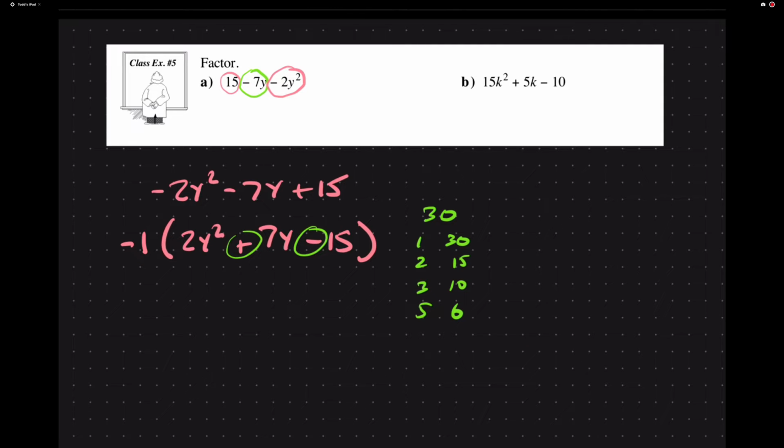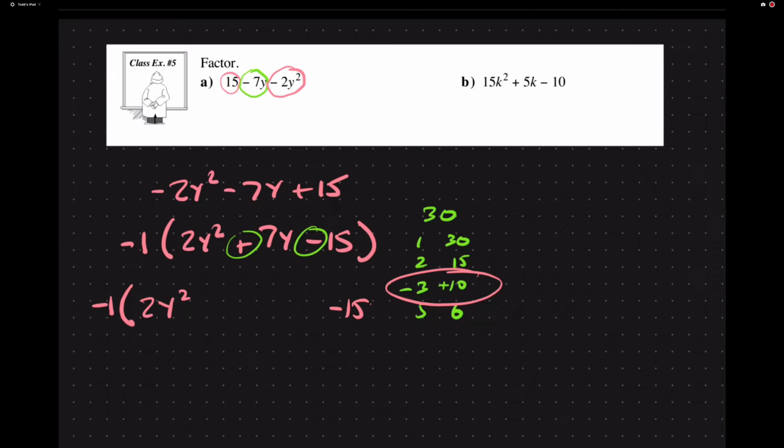So which ones will subtract to give us a positive 7? These two right there, 3 and 10. And the largest sign is going to go with the 10, which is positive, which means the 3 will be negative. So I've already got my negative 1 pulled out, and now I'm going to break this down into, again, keep the first term, keep the last term, and break it down.